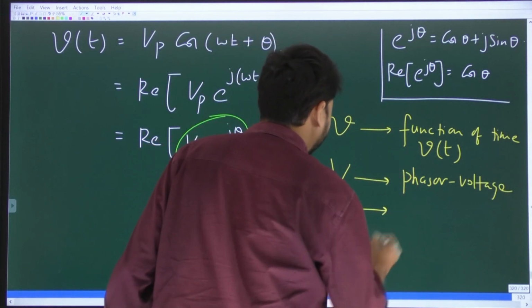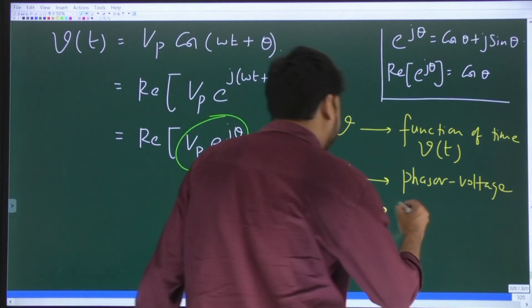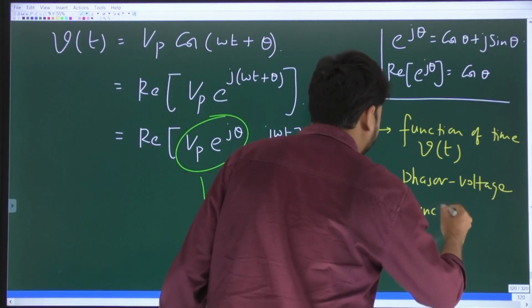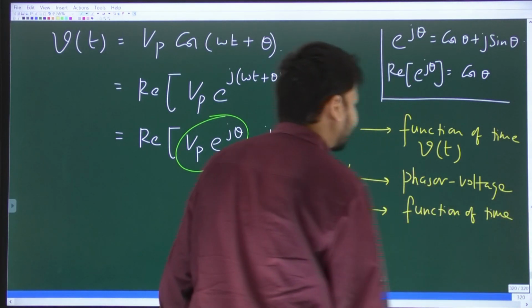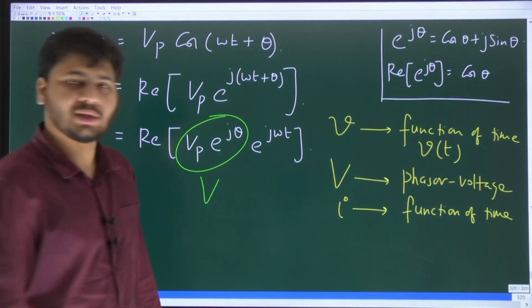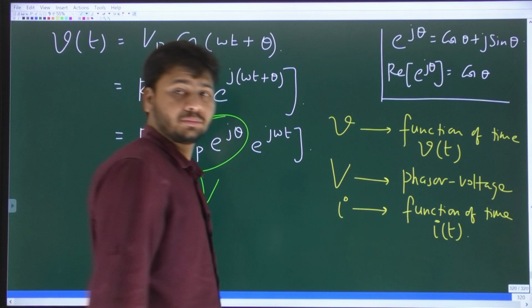Similarly, if I write small i, again this current is a function of time. We are representing the current as a function of time. Current as a function of time is the same as i of t. Yes or no?